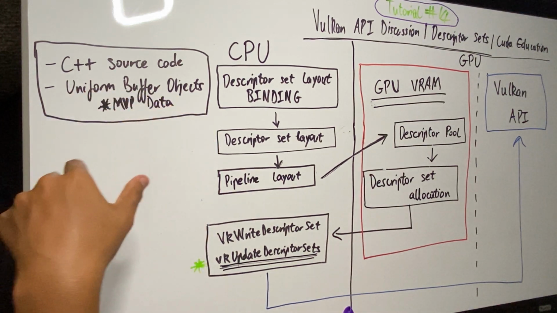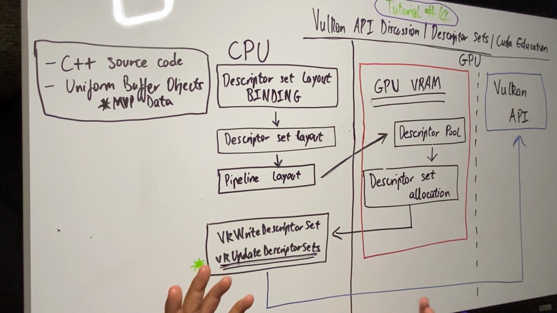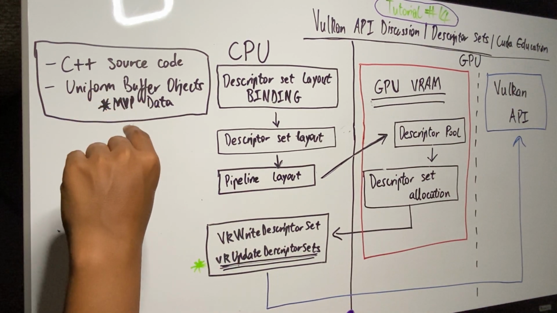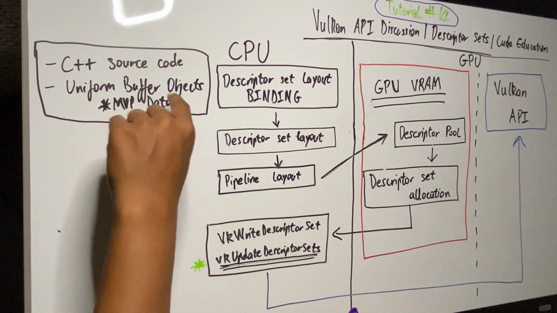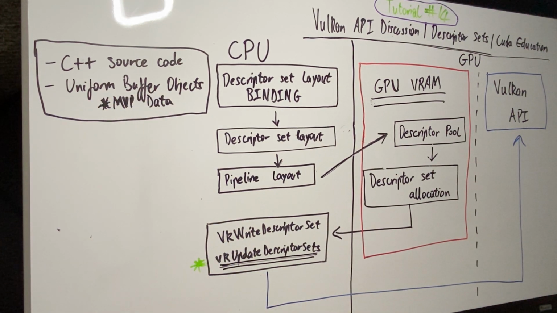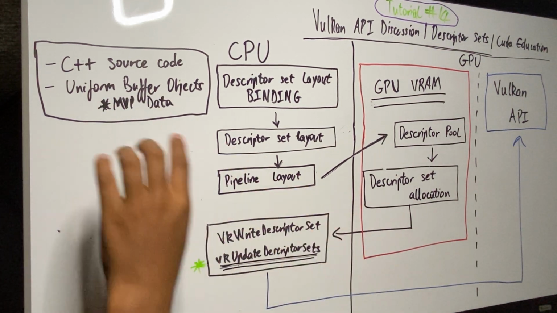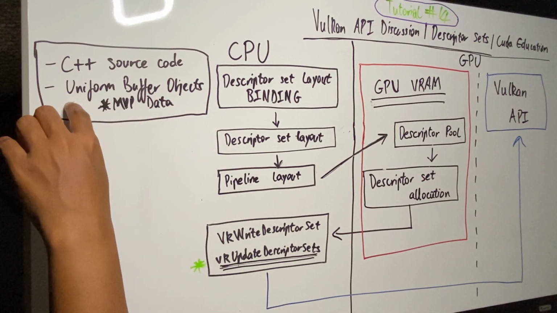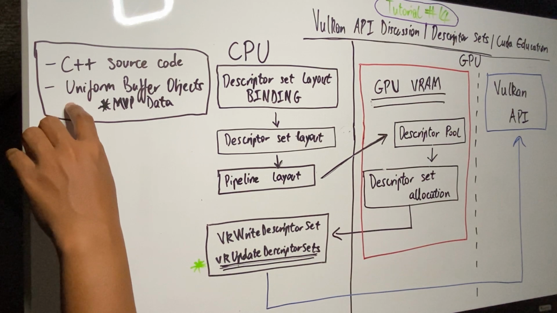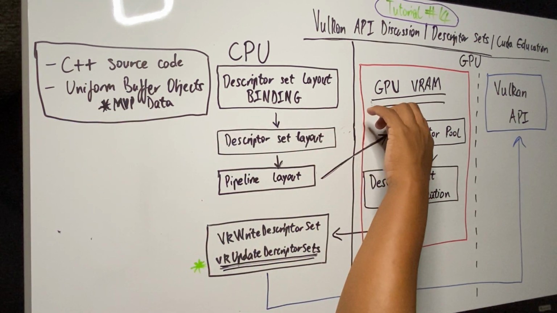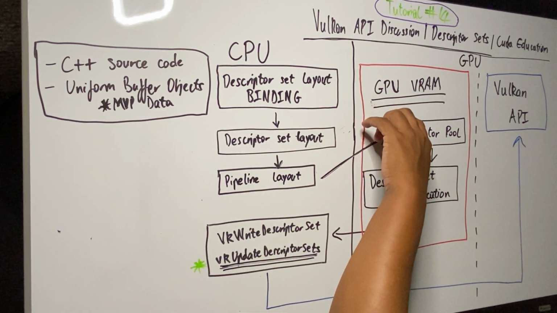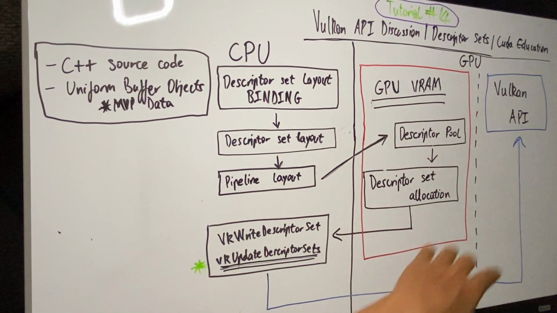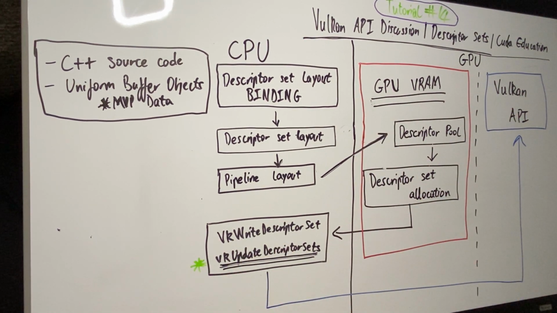And when you're zooming in and out, or rotating the whole scene, the uniform buffer objects, like the matrix that deals with the camera system, is being changed. When it is being changed, the changes go to VRAM, and it eventually goes to the Vulkan API, and then you actually see the changes on your screen.